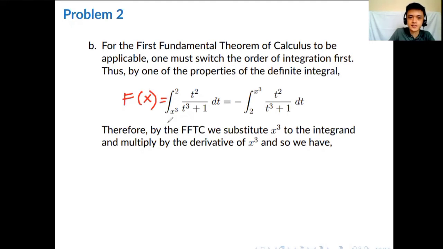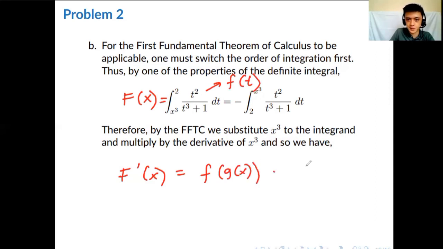Kung ito yung f of x natin, in terms of x naman to, sinasabi ng FFTC na yung f prime of x, equal lang pala siya to, well, ito yung nasa loob, let's call it f of t. Equal lang siya to f of g of x times g prime of x. Yun yung nasa theorem kanina, no?